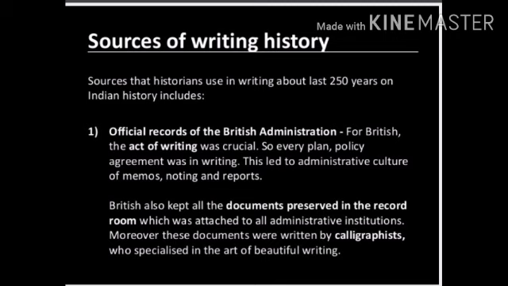The British also kept all the documents preserved in the record room, which was attached to all the administrative institutions. Moreover, these documents were written by calligraphists, who specialized in the act of beautiful writing.